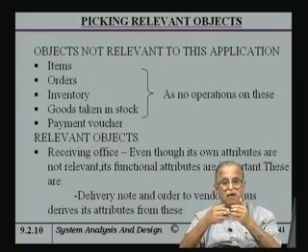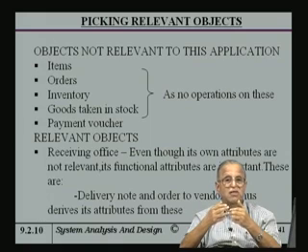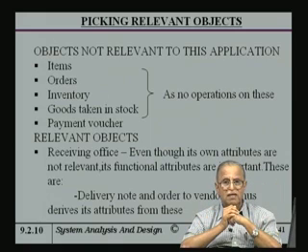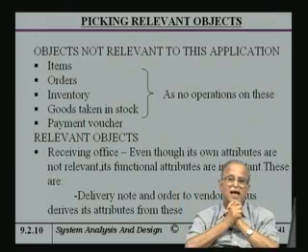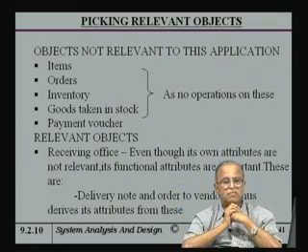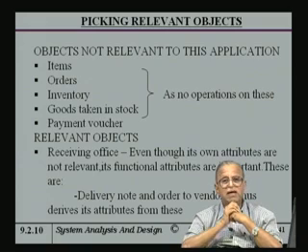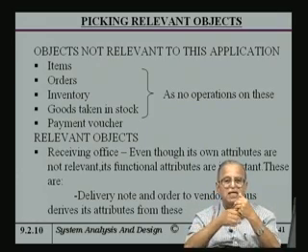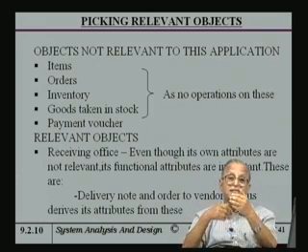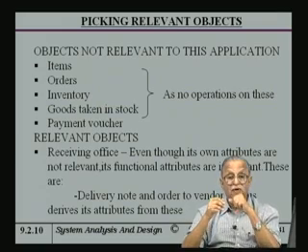No operations are performed on the order in that sense, because the order has been placed already. Inventory is some kind of a database which is sitting there. And payment voucher is again another document on which operations are not really performed. That is actually a result of a certain operation performed in the accounts office.